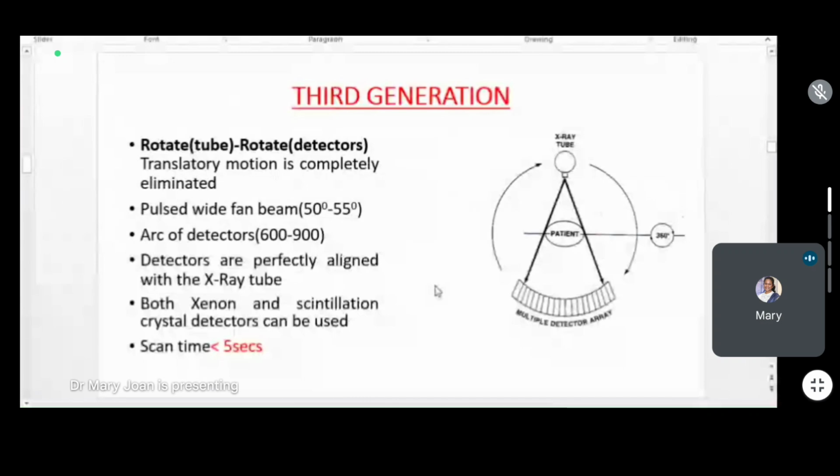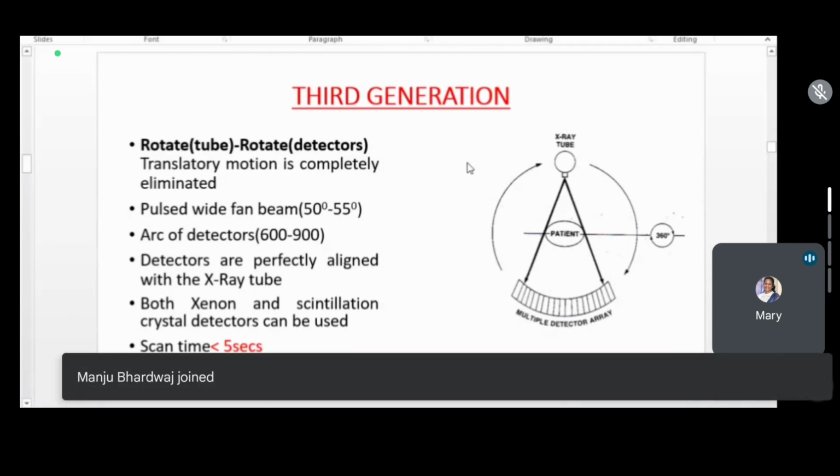Pulsed means the total beam is formed in the form of pulsed beams. It is not that the whole X-rays come out in a single instance. So pulsed means, like, you know, the sinusoidal curve, no? The sinogram. We have a crest and we have a trough where the intensity is high and then the intensity is low, then the intensity is high, then the intensity is low.